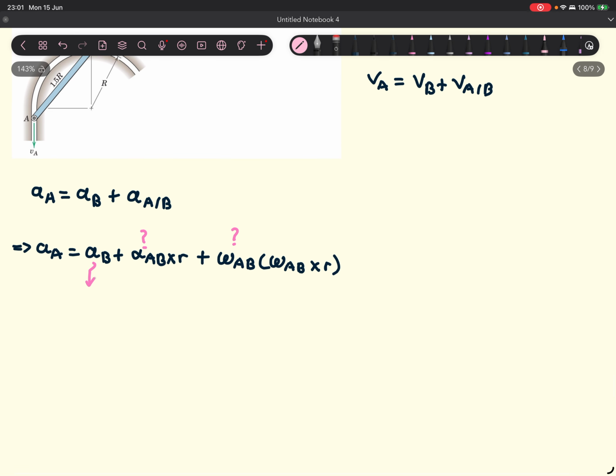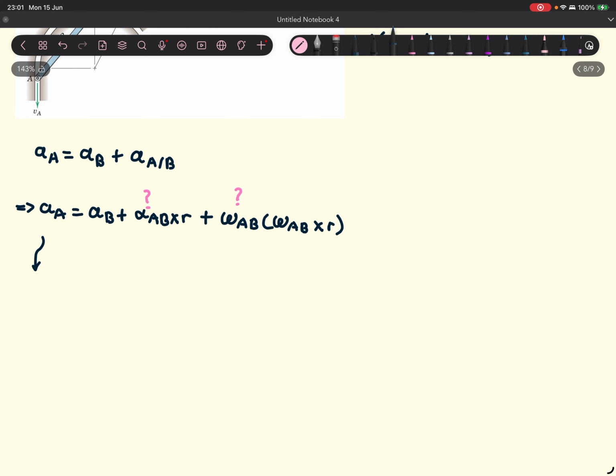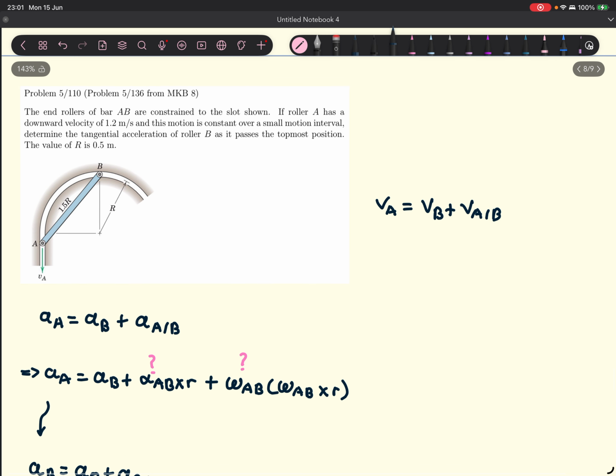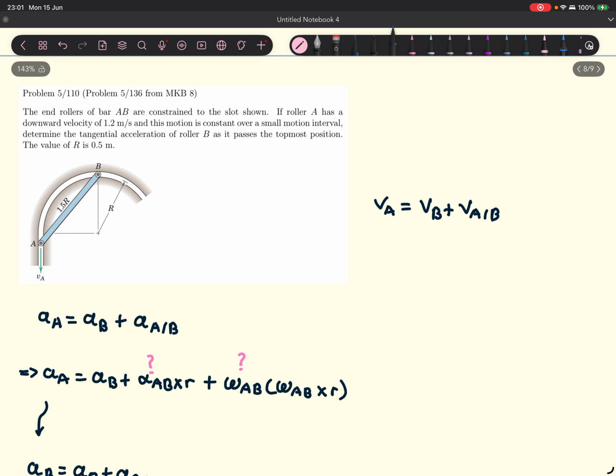So knowing that, we can write another acceleration equation. So the acceleration of B is equal to the acceleration of O plus the acceleration of B relative to O. And you'll be able to do this for any situation where a point is moving around a center in a circular manner.